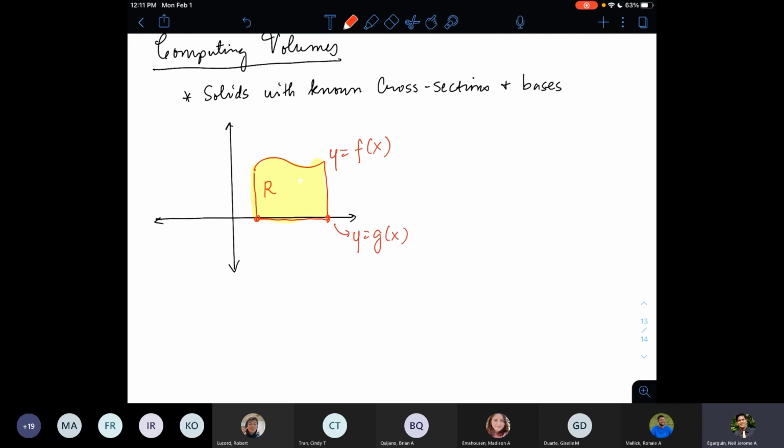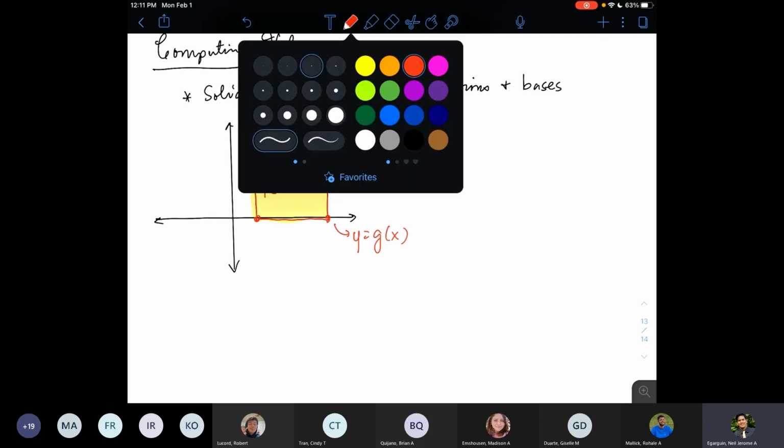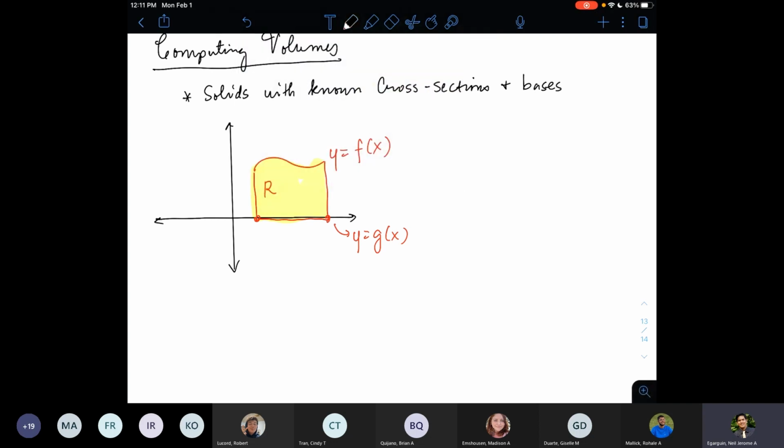And then aside from the base of the solid, you will be told how the cross sections look like, right? The cross sections could either be perpendicular to the x-axis or perpendicular to the y-axis. I'm going to use this notation for perpendicular. So take note for the rest of the class, when I write something like this, that means perpendicular, right?